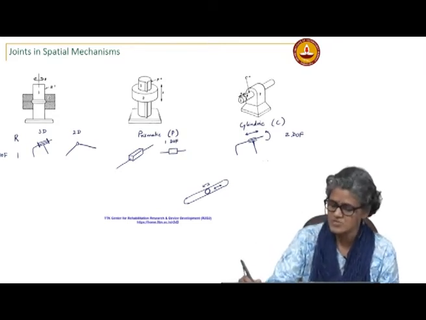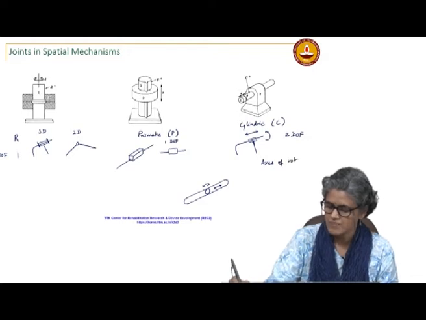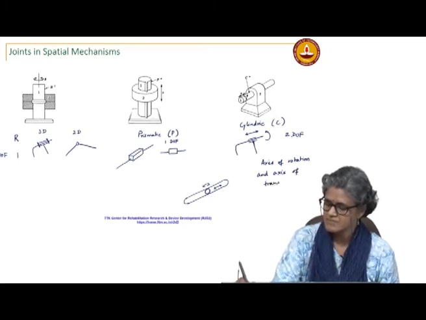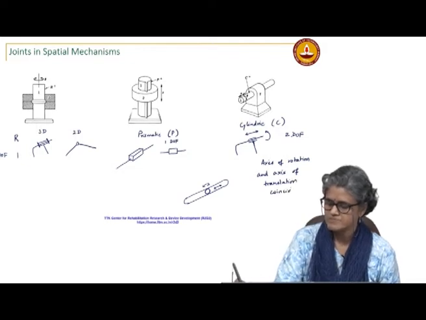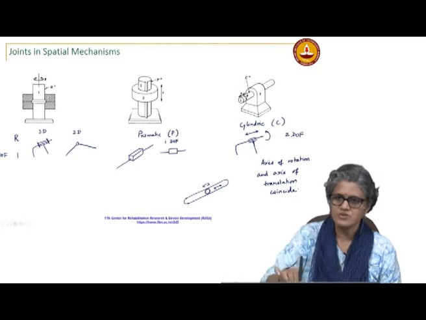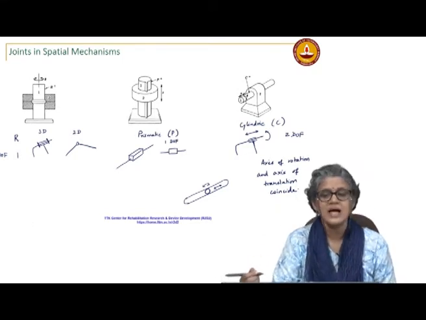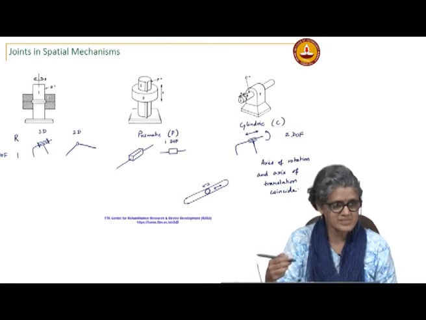So, in the cylindric joint, the axis of rotation and axis of translation coincide, right. The cylinder has only one axis. So, there is translation happening along that axis as well as rotation about that axis.